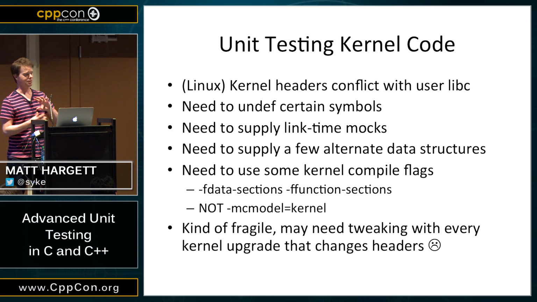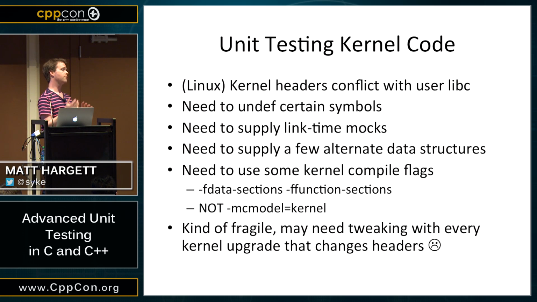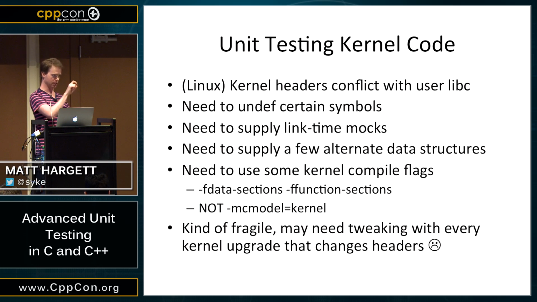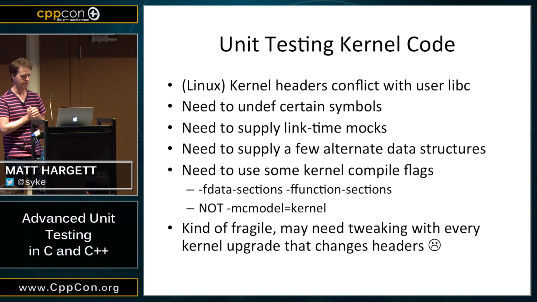We need to supply some link time mocks for some kernel functions that are either macros, and we don't want to define the whole macro right in our compiler command line, or just inline functions that aren't macros, but they're inline functions inside of the kernel headers that we need to be able to intercept, and things like that.